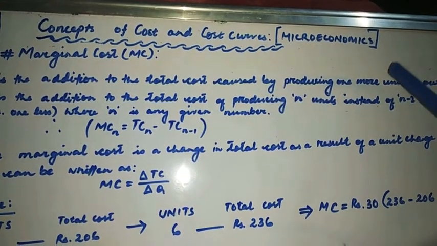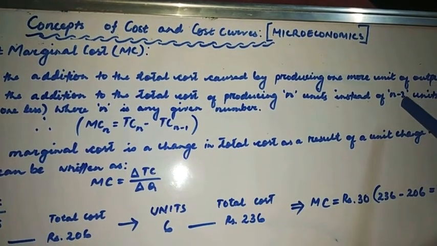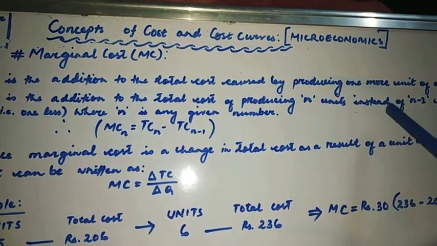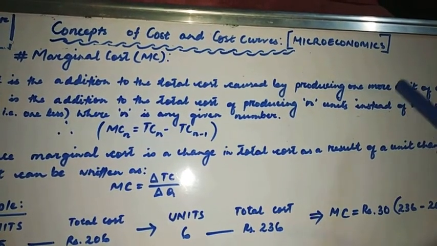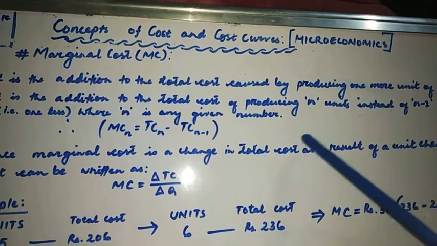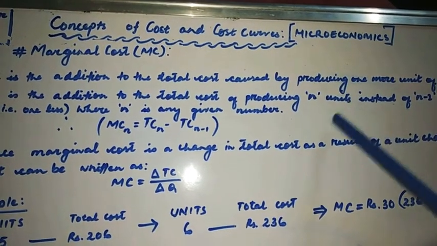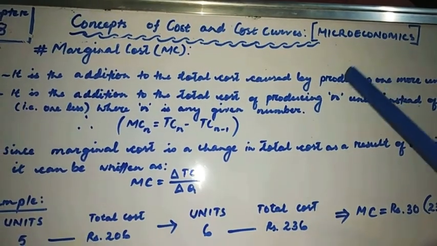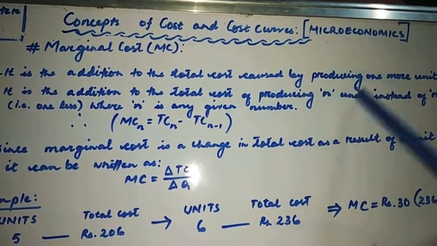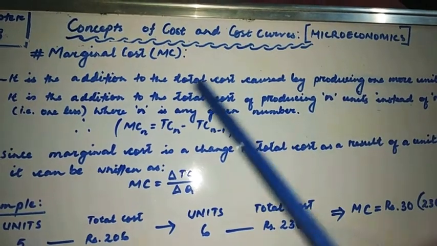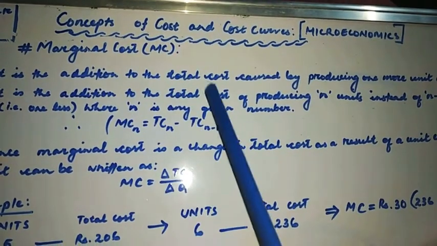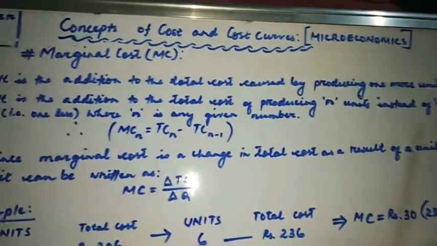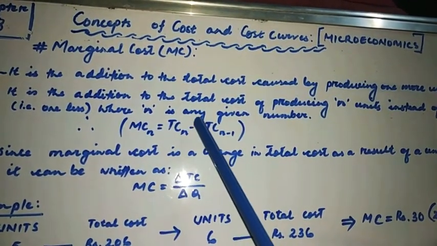So n minus 1 would mean you are producing one less unit of output. Instead of that, you are producing one more unit, or n units of output, which is adding to the total cost, and that additional cost is the marginal cost. So it is the addition to the total cost of producing n units instead of n minus 1 units, where n is any given number.